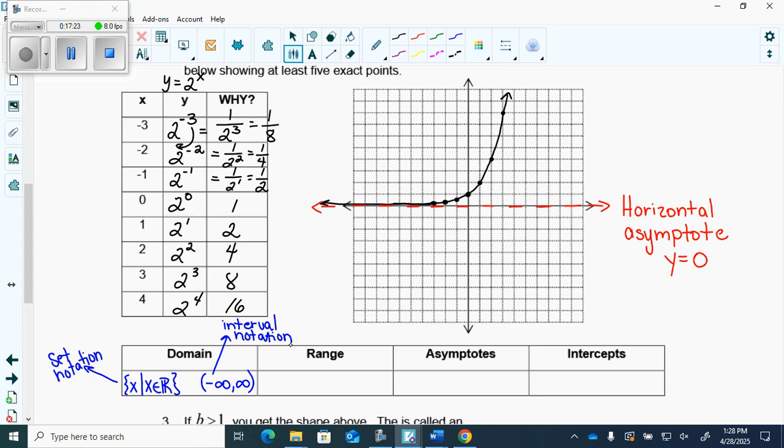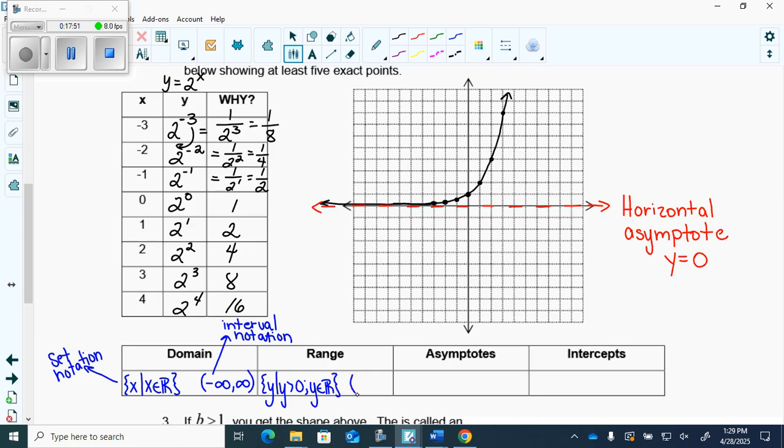What is the range of this graph? Greater than 0. A lot of people will put equal to 0. Is it equal to 0? No, that's where the dashed line exists, which means the graph can't exist there. So it would be the set of y values such that y is greater than 0, y is an element of the reals.